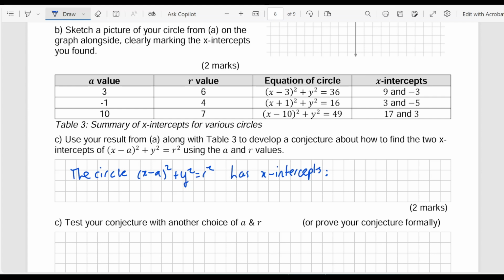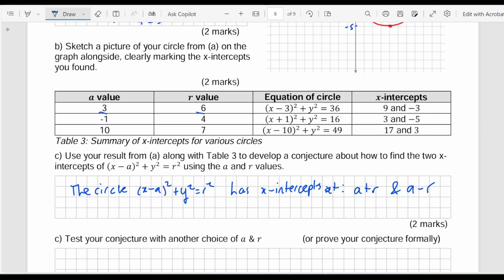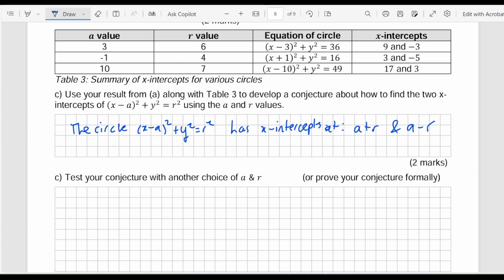So one of them is at a plus r, and the other one's at a take r. So here, for example, 3 and 6 give you 9, but 3 take 6 gives you -3. 10 and 7 down the bottom give you 17, but 10 take 7 gives you 3. So that's how that all works.